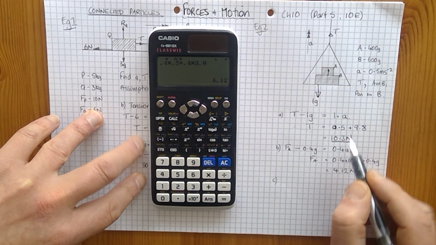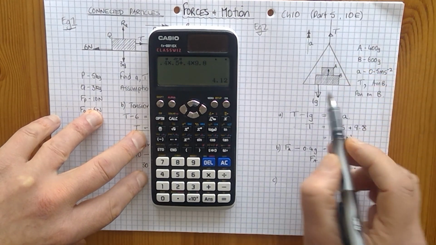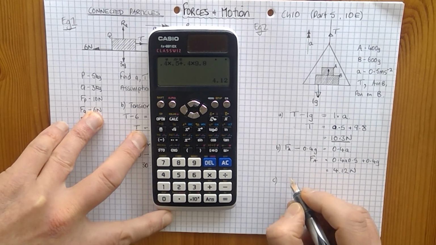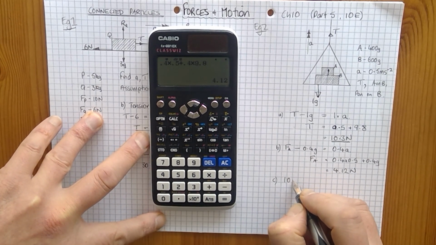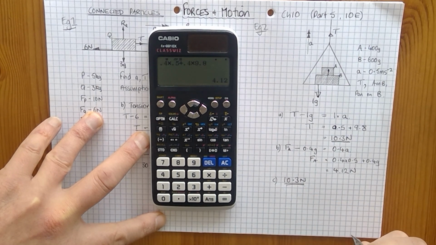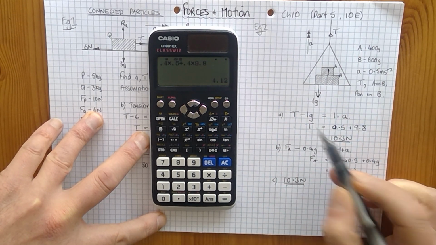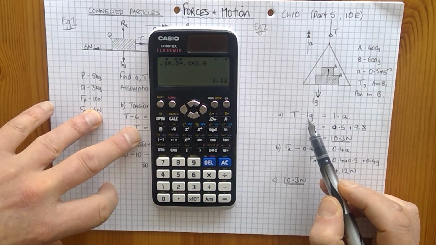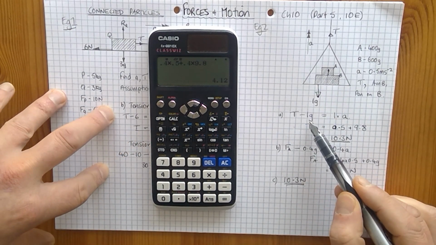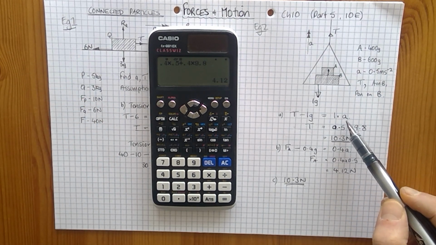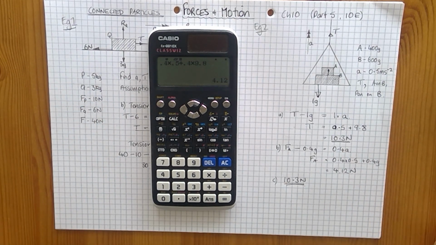The tension is 10.3, and the only thing the tension is doing is pushing the scale pan on B. So we know for part C it's the same as part A. The calculations would all be the same. The tension, in other words the pressure of the scale pan on B, take away the gravity, which is 1 G, equals 1 times 0.5. So the working is exactly the same.